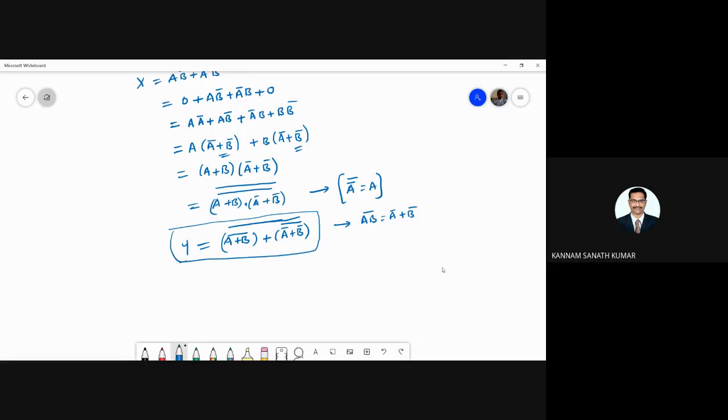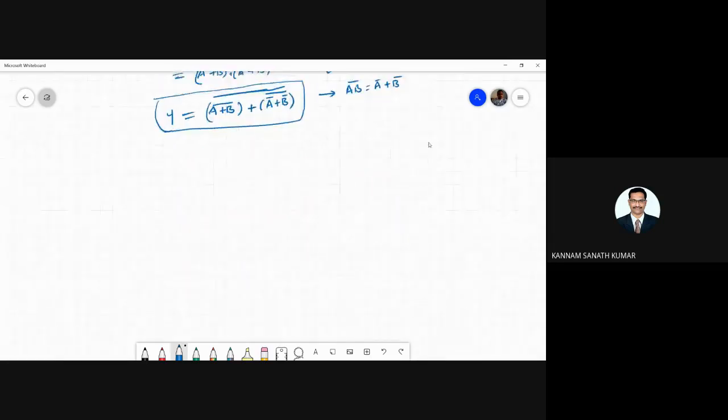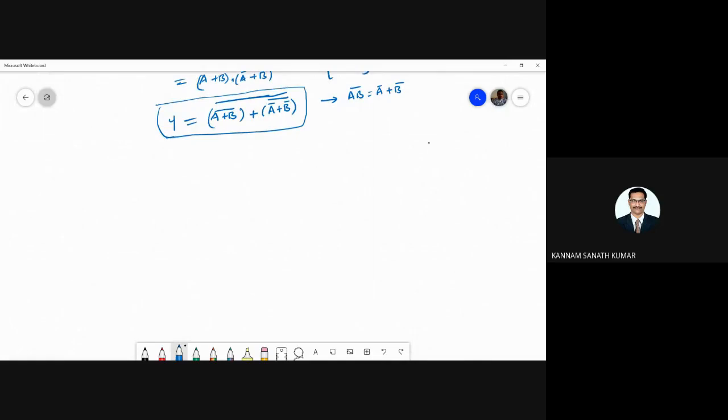So if you see, two inputs A, B. This is nothing but a NOR gate. So here what you are getting? A bar plus B bar. Now take one more input.